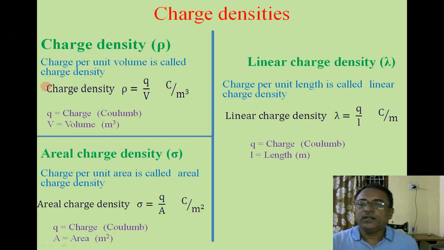The quantity of charge density rho will be equal to the ratio of the charge given to the body and the volume of the body. So Q by V will give the charge density.